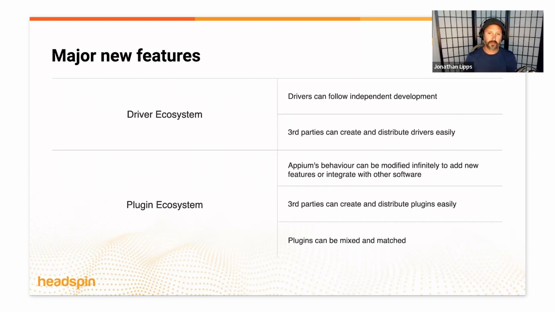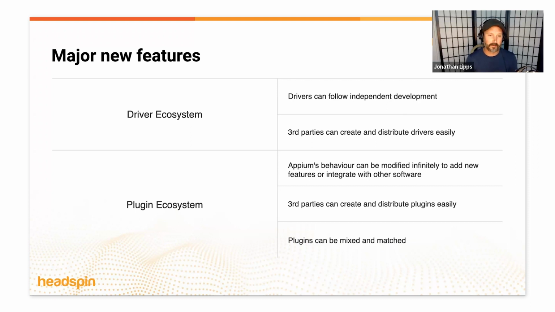And also an important fact is that plugins can be mixed and matched. So that was part of the idea. You can't use both the iOS and Android driver at the same time. Like, that doesn't make sense. You're either automating an iOS app or an Android app, not both at the same time. But you could imagine different plugins both being used at the same time.